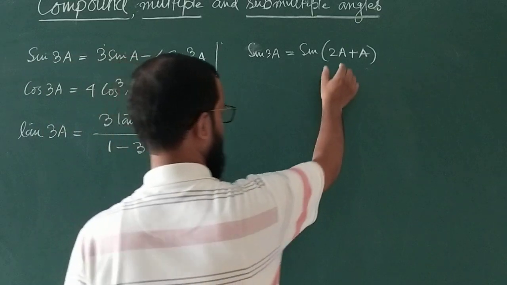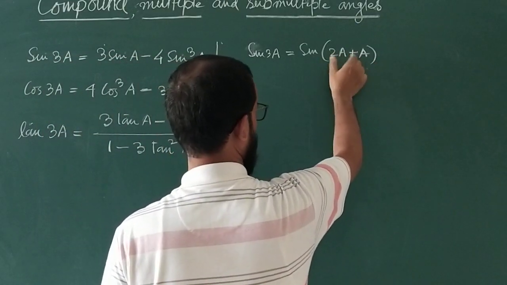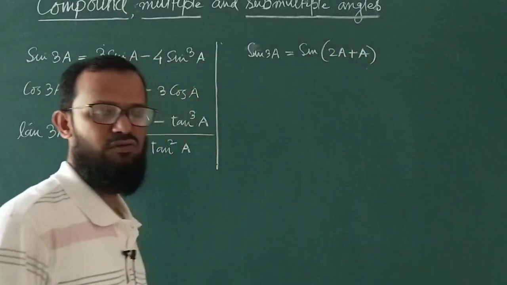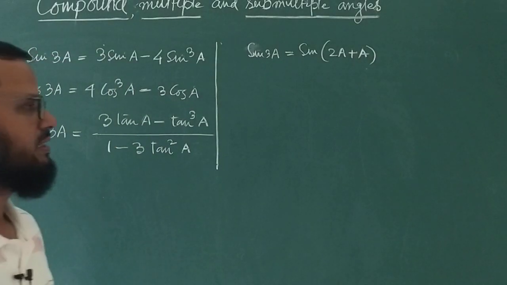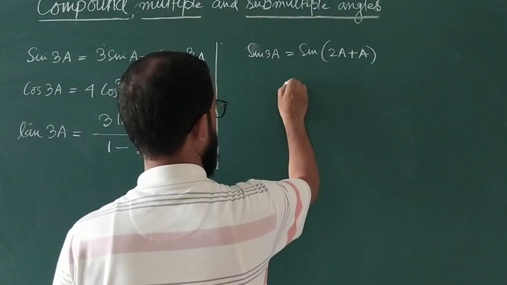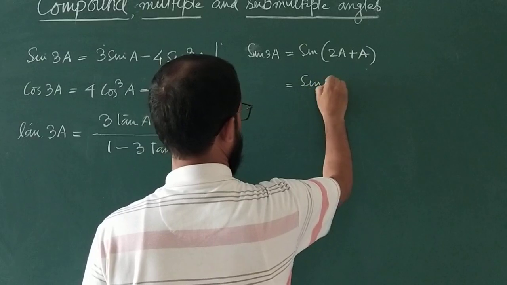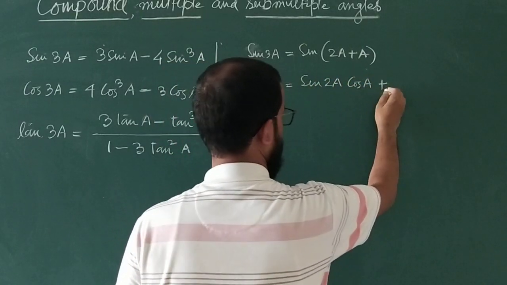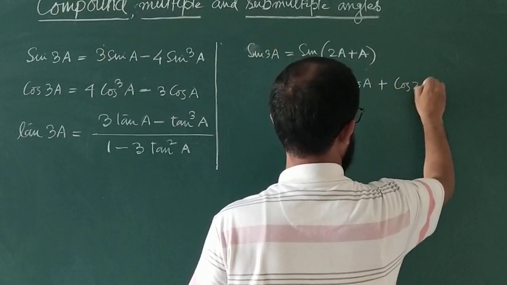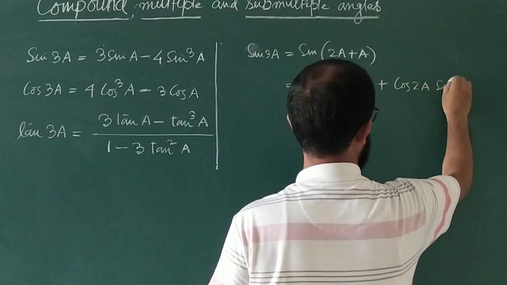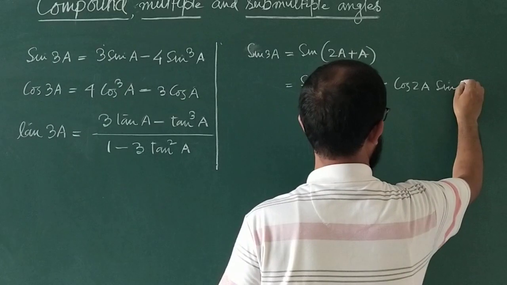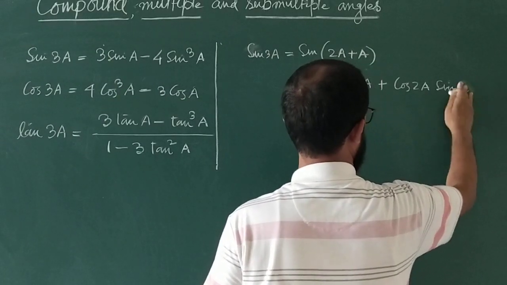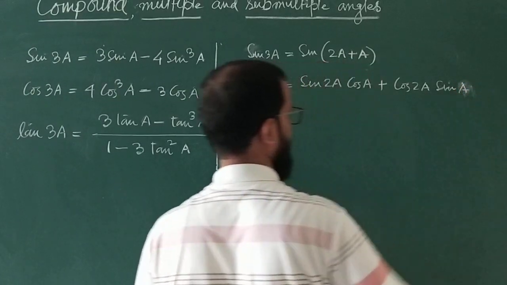And if you consider this is your a and this is your b, then it will be converted into the formula sin a plus b. Sin a plus b equal to what? Sin a into cos b plus cos a into sin b.